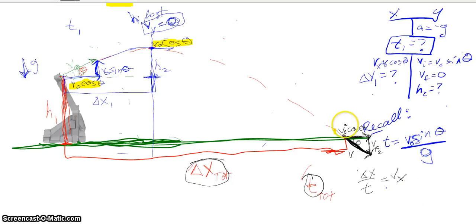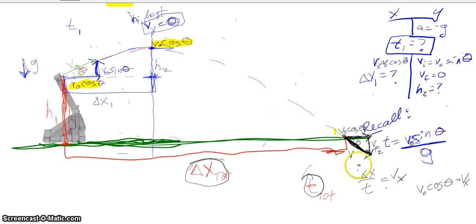So if you look at this, your v naught cosine theta, all right, that equals the same thing, v sub x.